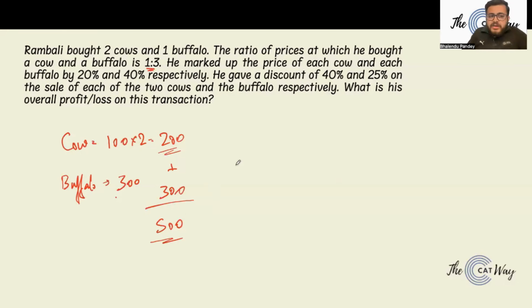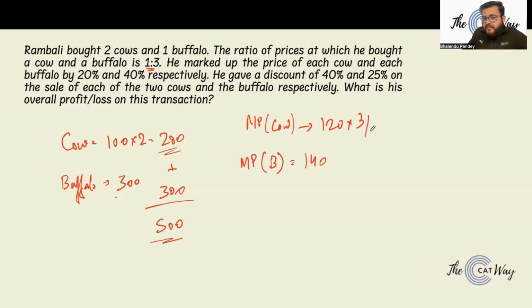Correct? Now he marked up the price of cow by 20%. So the marked price for cow is going to be what? 100 plus a 20% increment, that means 120 rupees. And the marked price of buffalo is 140 rupees, 40% above. Right? Now in this he is giving a 40% discount. So the 40% discount's multiplying factor would be 3 by 5.